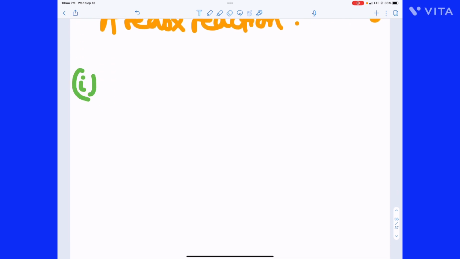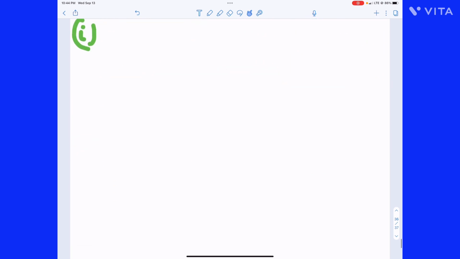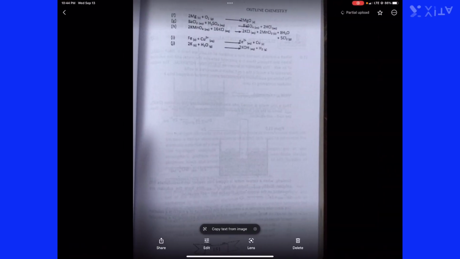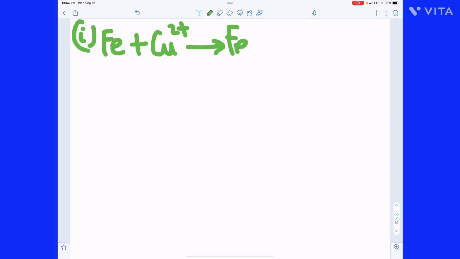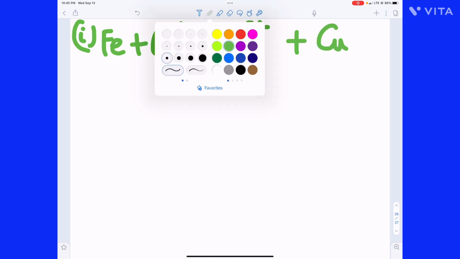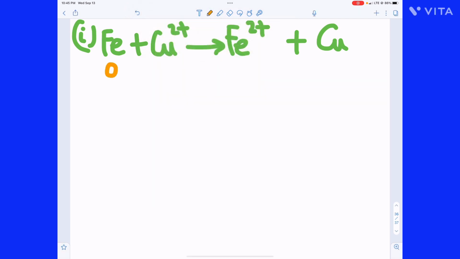Now question I. What's in I? Fe plus Cu2+ to give Fe2+ plus Cu. Okay, let's put our oxidation numbers. Iron is 0 here, but copper is +2. Iron has a charge of +2 on the right, copper has a charge of 0.